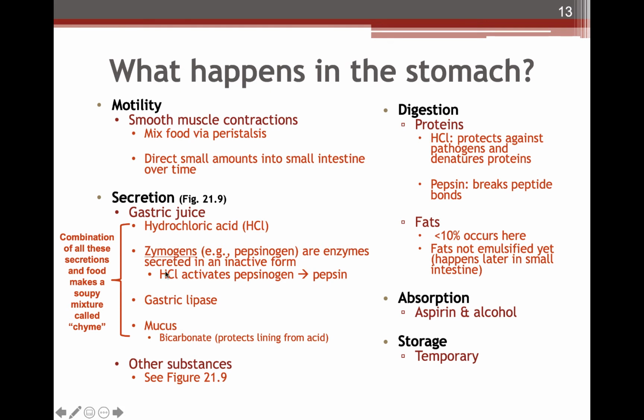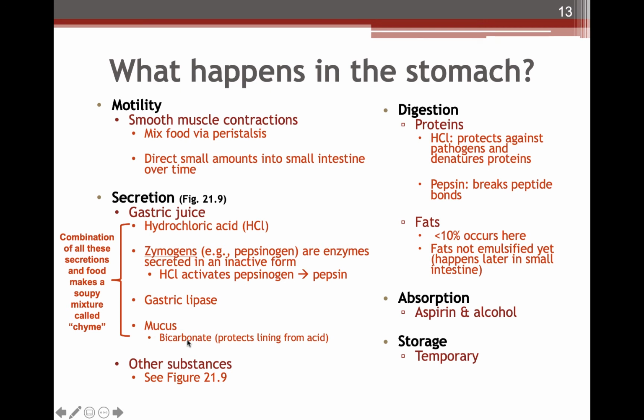And we'll talk in a second about how hydrochloric acid is what actually activates pepsinogen to pepsin in the stomach. There's also another fat digesting, or lipid digesting, enzyme in the stomach called gastric lipase. And then there's a lot of mucus produced by the stomach lining, and it's full of bicarbonate to protect the lining of the stomach from this hydrochloric acid.